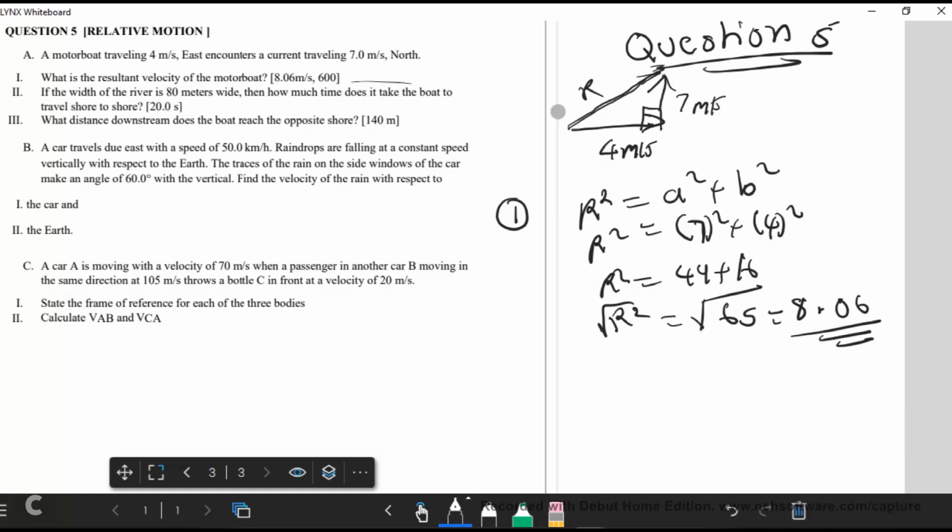So this is your resultant, in meters per second, like that. So that's how you find the resultant on this one.